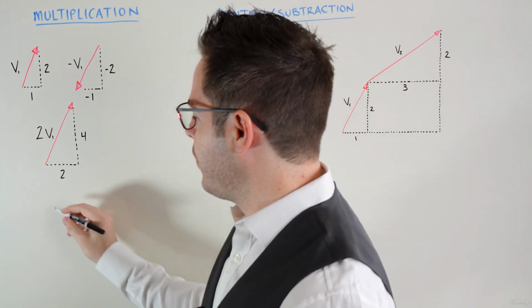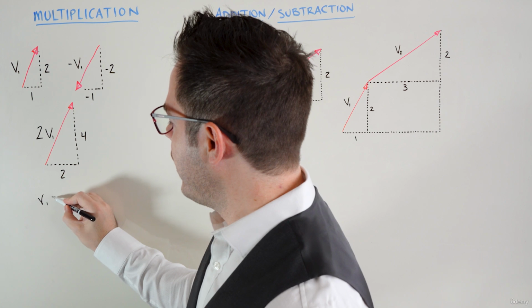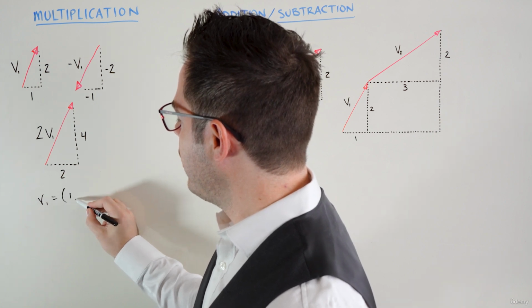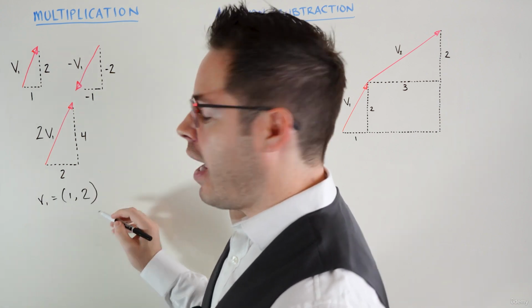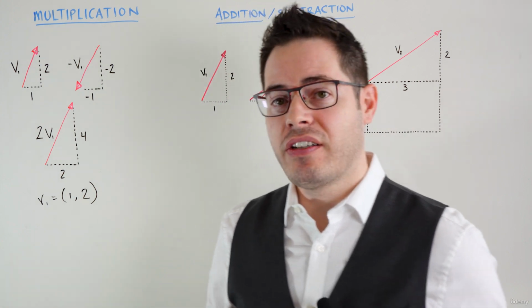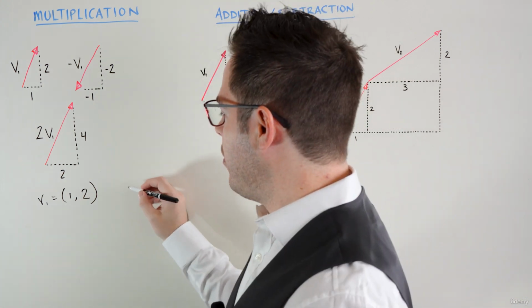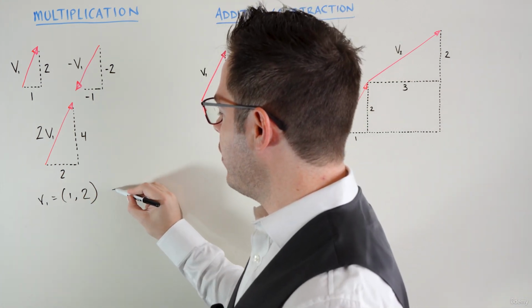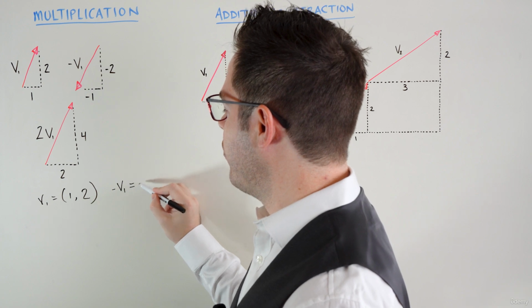Here's how it's done. We know that v1 is the vector 1, 2. And we know that we can multiply a vector by a scalar. Well, to multiply v1 by -1, that gives us -v1.